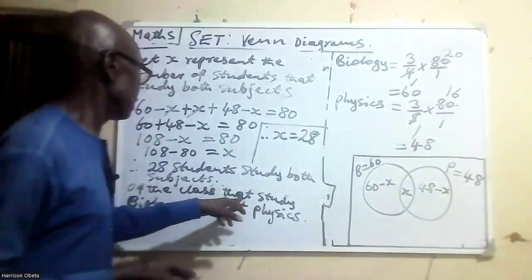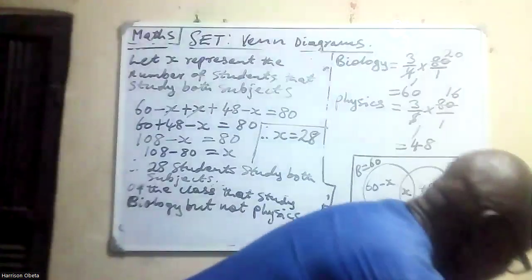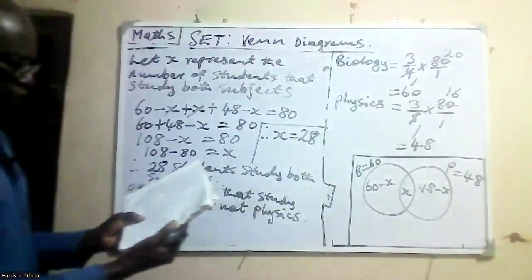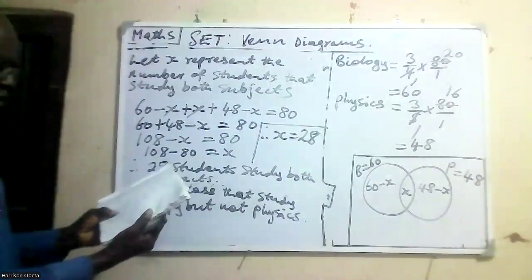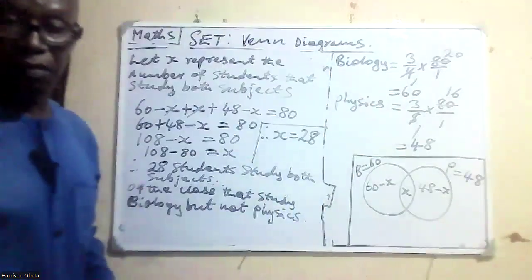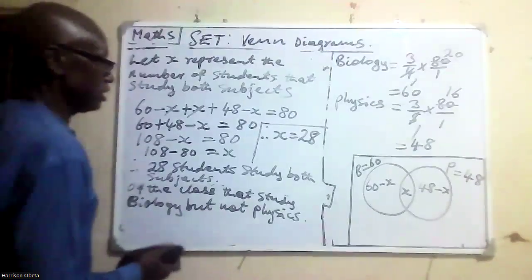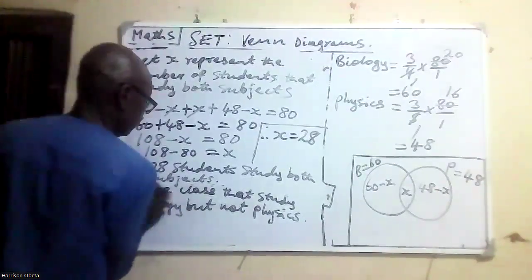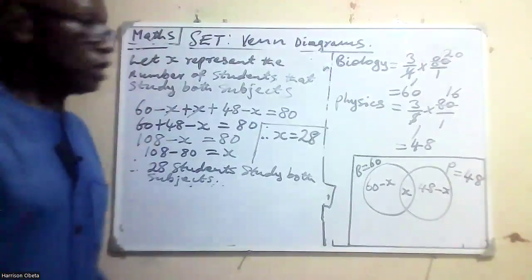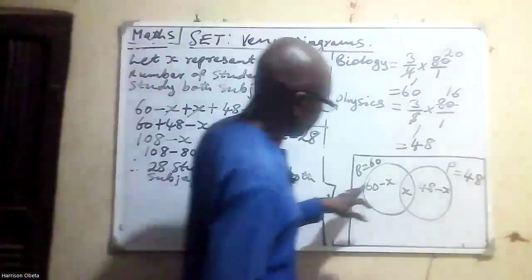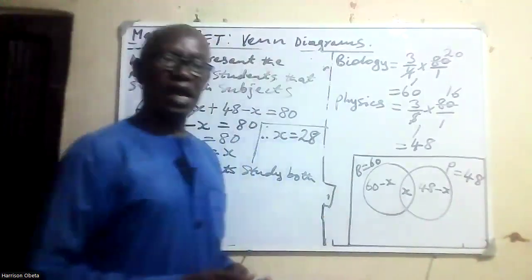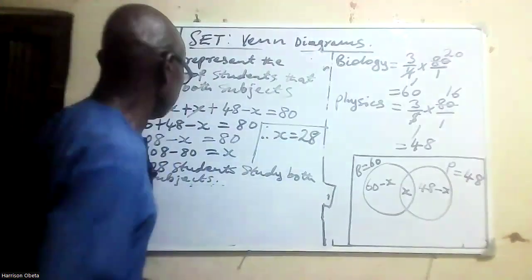The next question says, find the fraction of the class that studied biology but not physics. First of all, we need to find the number that studied biology but not physics. Those that studied biology but not physics is 60 minus x. Remember, we already know the value of x.